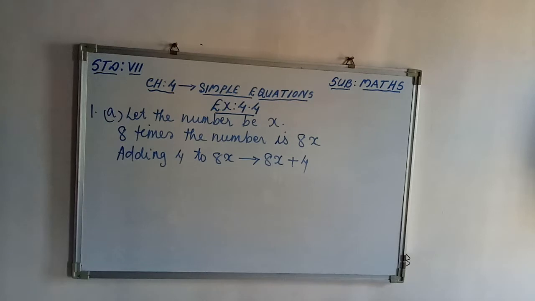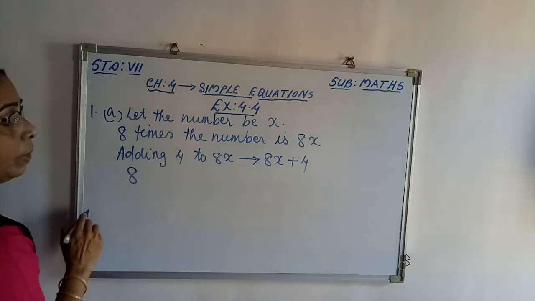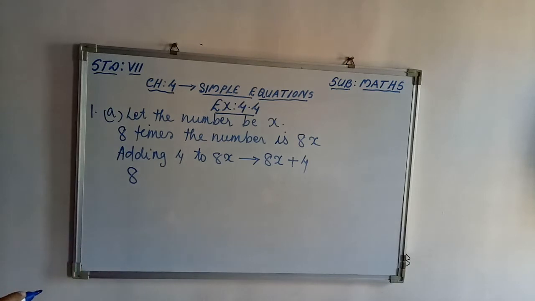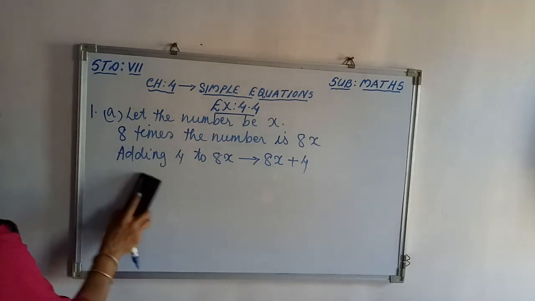Now it is given as 60. So according to the given condition, when 4 is added to 8x, that is 60.